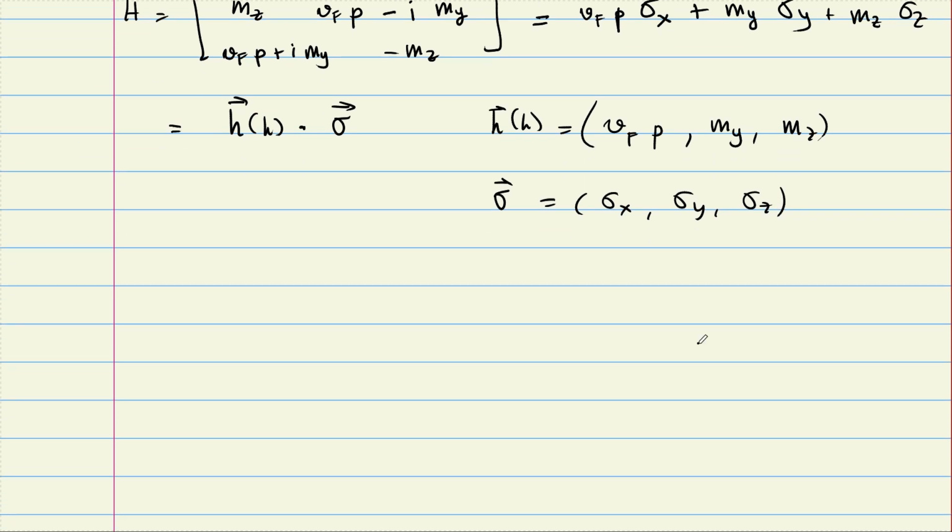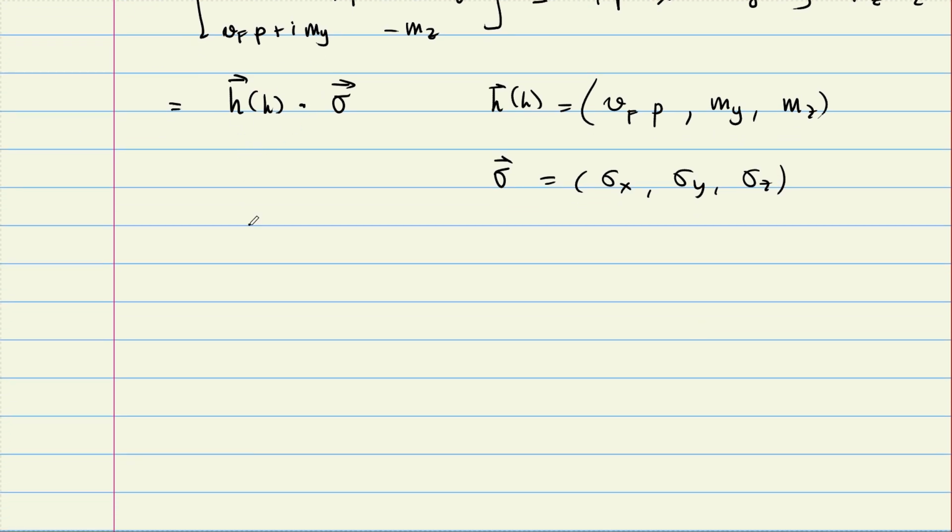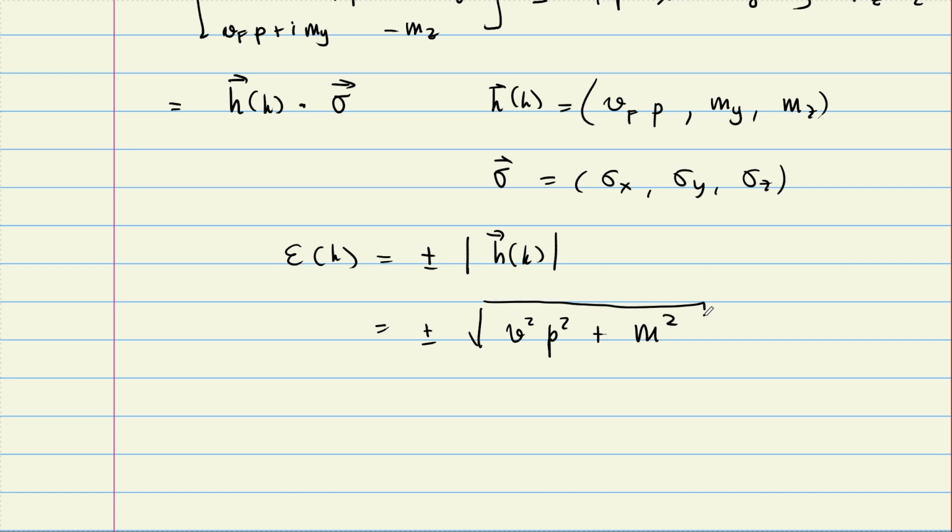Whenever you have a form like this, the spectrum is automatically E of k equals plus or minus the absolute value of h of k, which in our case is plus or minus the square root of v squared p squared plus m squared. Let me call m without any index short for m squared, which is equal to m_y squared plus m_z squared.